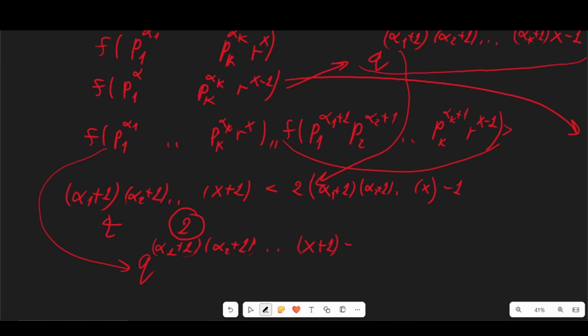Because this must have the same number of positive divisors as p1 to the alpha 1 up to r to the x. And now we are checking the answer.